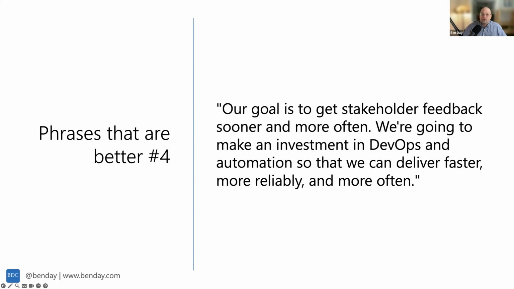Phrase number 4 of 4: our goal is to get stakeholder feedback sooner and more often. We're going to try to make an investment in DevOps and automation so we can deliver faster, more reliably, and more often. So we're starting off by saying what our goal is: to get feedback from our stakeholders sooner and more often. This also has a side effect that we're going to try to deliver things to you sooner and more often.